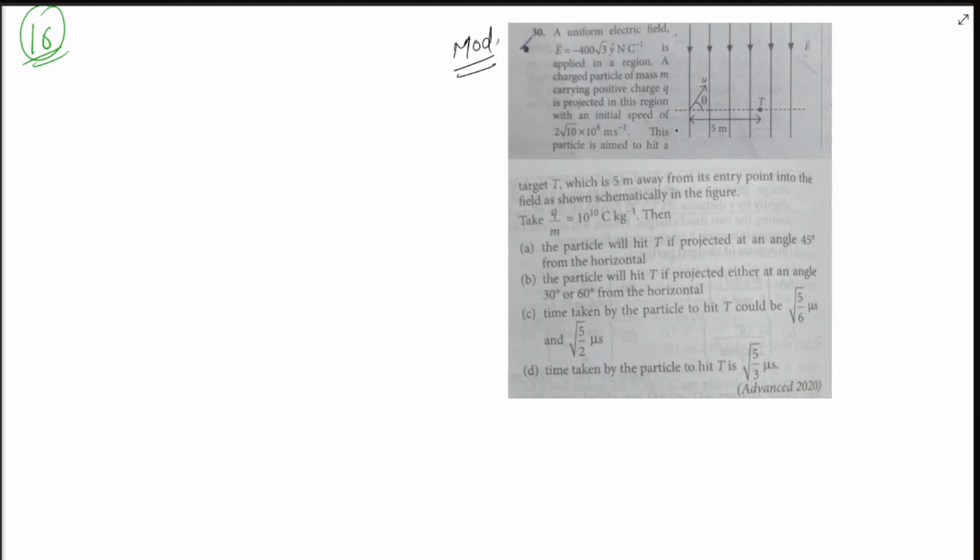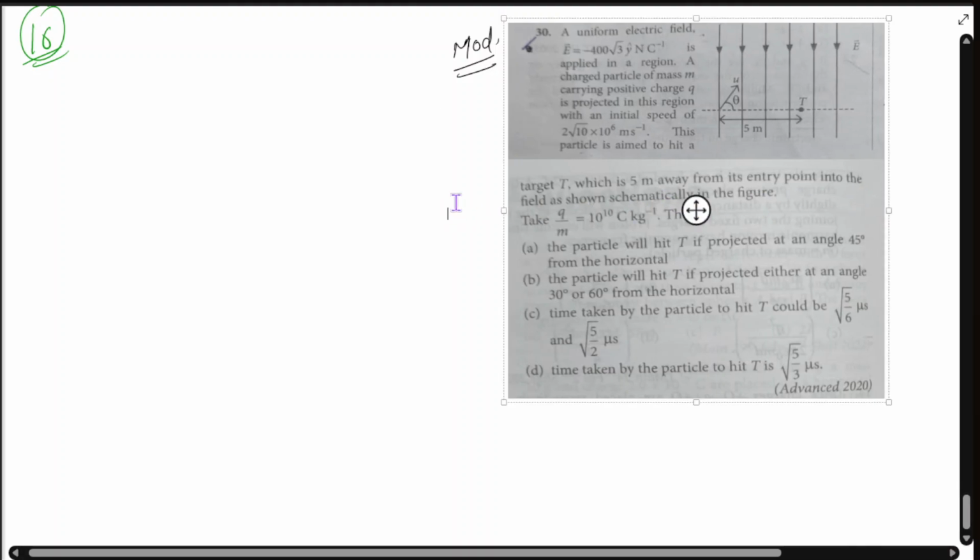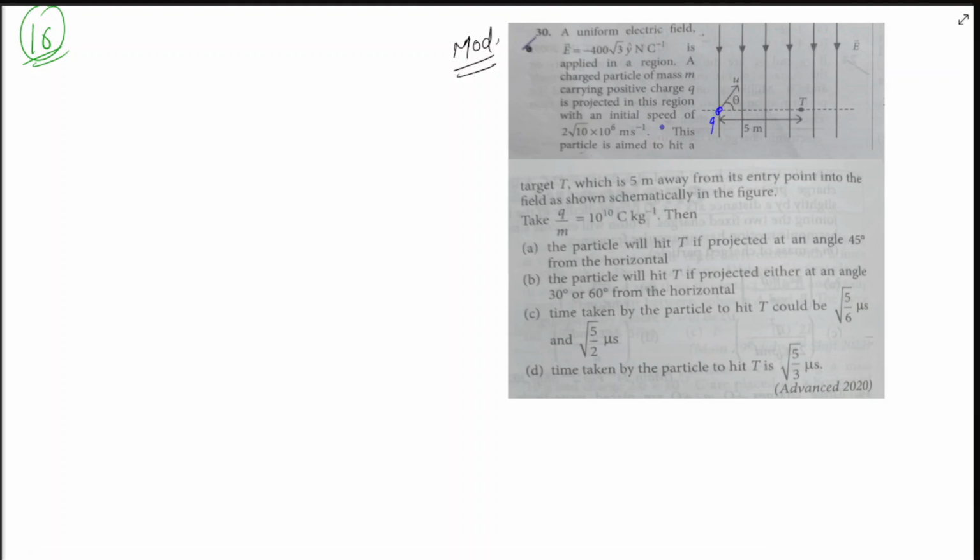Okay, let's solve. So we have an electric field over here. Let me zoom in a bit. Okay, perfect. So we have an electric field and this is our charge Q, projected with the speed U at an angle theta. So we have to find theta, of course. I think the range is 5 meter and Q by M is given.